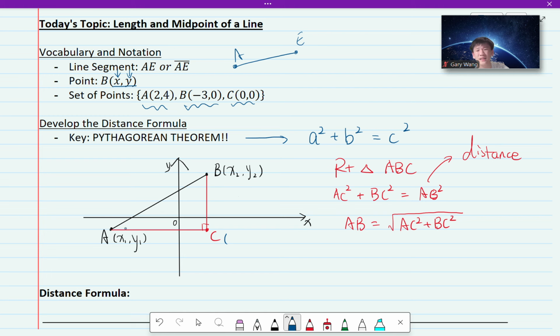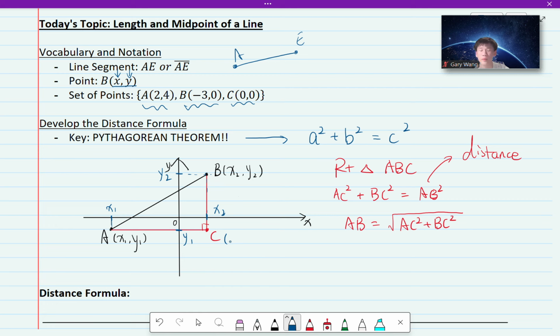So we can say that A is x1, y1. This point right here is x1 and this right here is y1. Similarly, B is x2, y2. So this point corresponding to here is definitely x2 and this point right here is definitely y2.